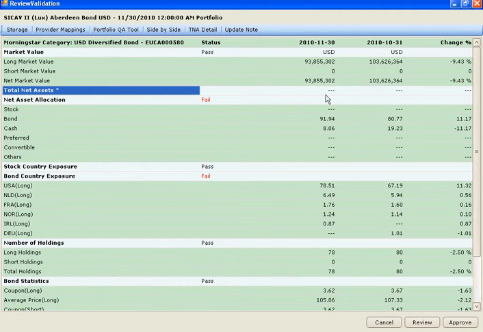Then we see it failed in total asset allocation. Basically, we check to ensure the asset allocation breakdown does not change excessively from one portfolio to the next by comparing the most recent portfolio to the previous one.